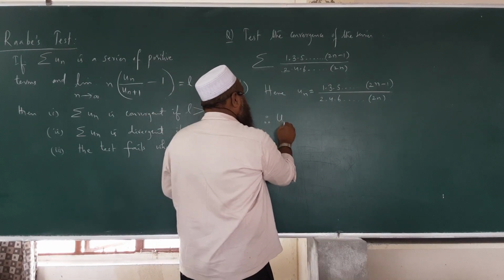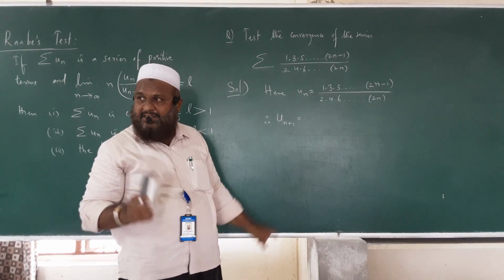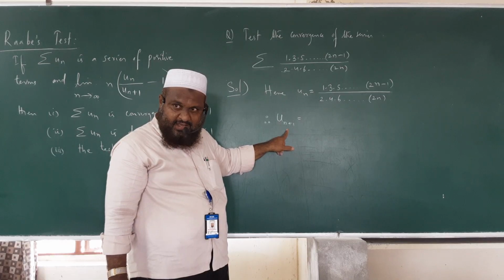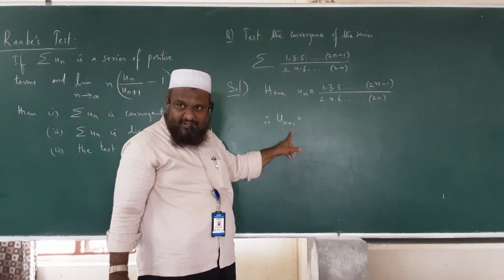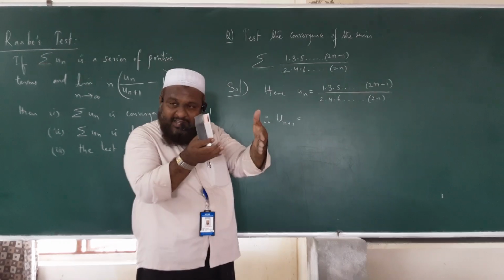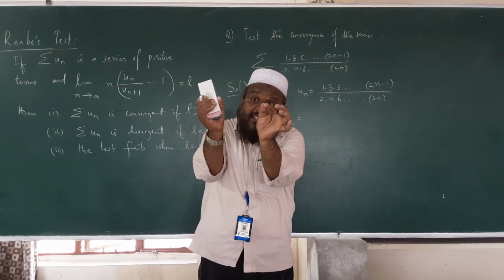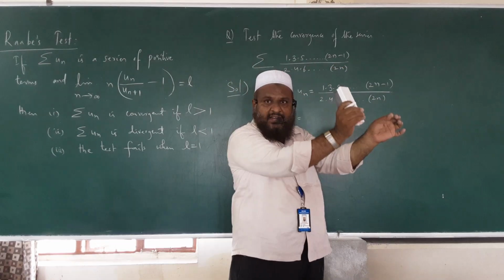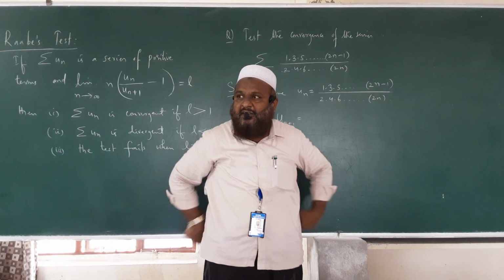Therefore, un plus 1. Simple idea is, if it is u3, we are talking about u4. If it is u10, we are talking about u11. Did you note that when I have expanded that in the form of a series, the factors which are coming in some term, those same factors are coming in the next term, but two extra factors are coming, one in the numerator, one in the denominator.